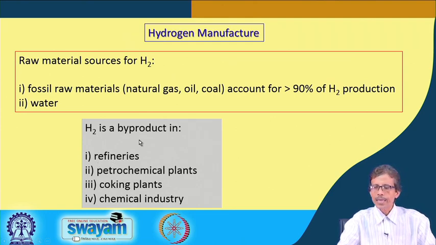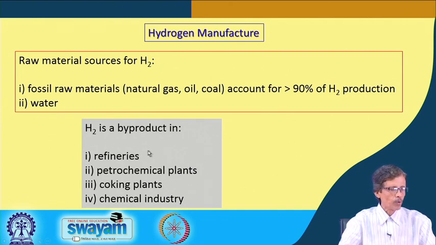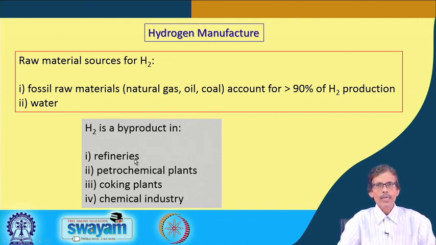In other cases, hydrogen can be obtained as a byproduct. As we have seen, it can be an incidental byproduct of the chlor-alkali process, where we go for the electrolysis of sodium chloride, and in that electrolysis H2 can be obtained as a byproduct along with Cl2 and sodium hydroxide.